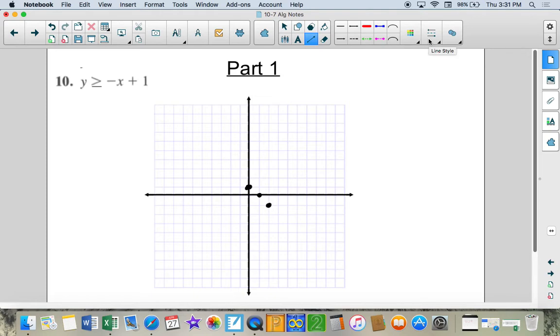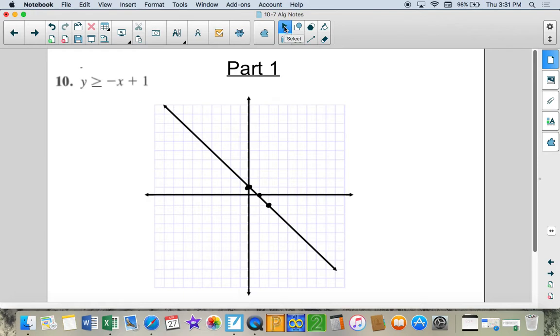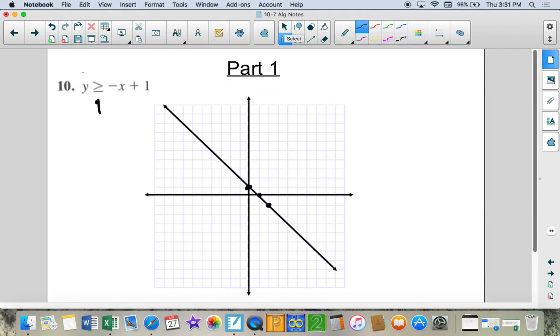And that line represents some of the true values. And so what we need to understand is that from this point on, that line, in this case, because it's equal to, this is a very important understanding: when it's equal to, it's going to include the points on that line.